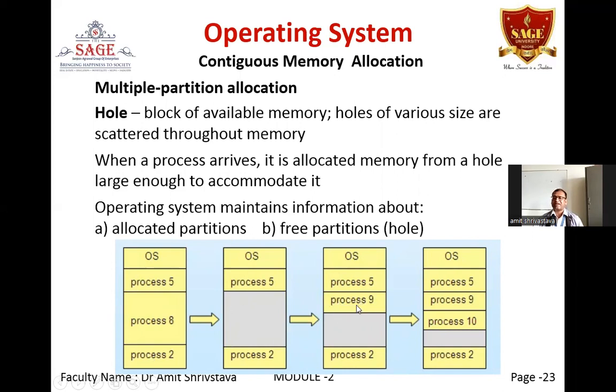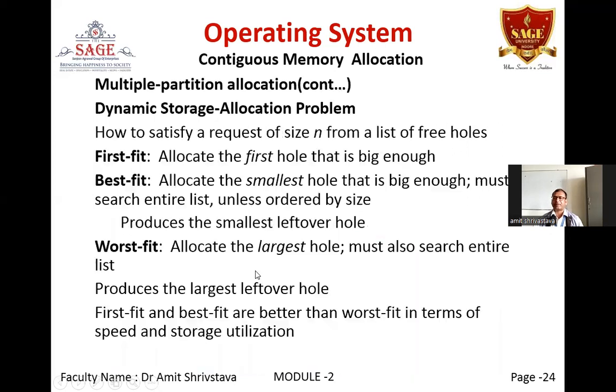So again, process 9 is allocated the memory and the remaining memory is again a hole. Again, process 10 comes, so it will be allocated the memory from this hole, and after giving the memory to process 10, whatever memory is left, we will again call the hole. So these allocated partitions and free partitions or holes are maintained in a table by the operating system.